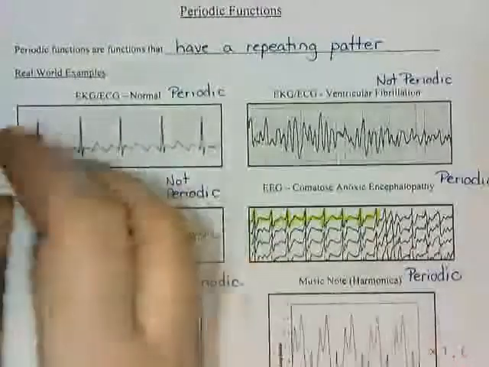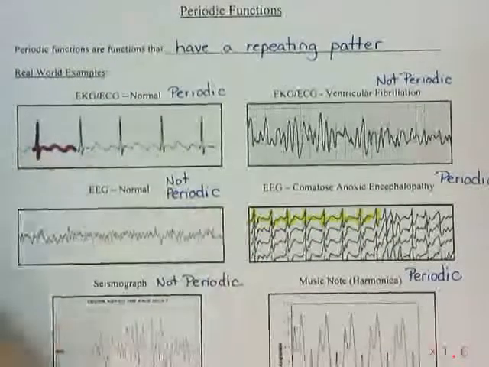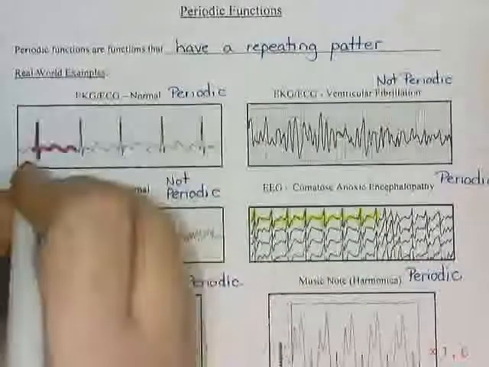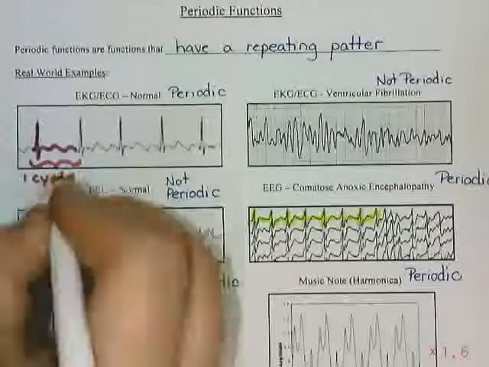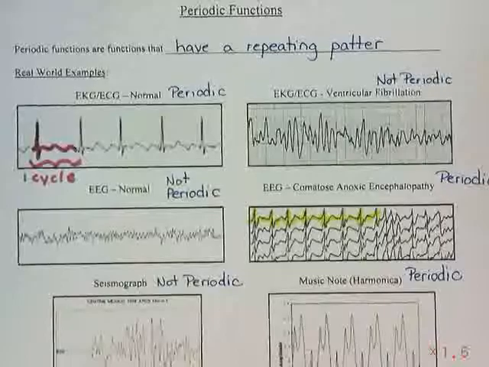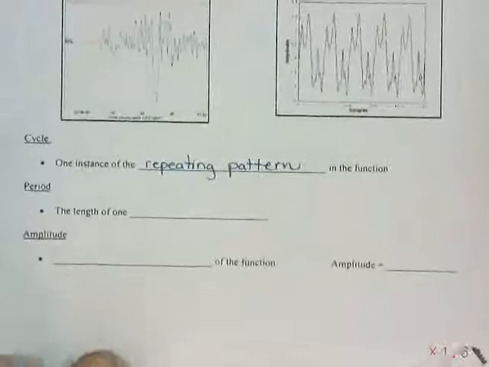okay, one pattern here would be the big peak and then the little bumps that come after it. And then that repeats itself over and over and over again. So this one here would be one cycle of your heart rate. Okay, a period measures how long that one cycle is.